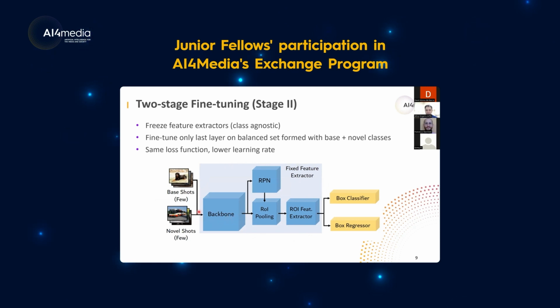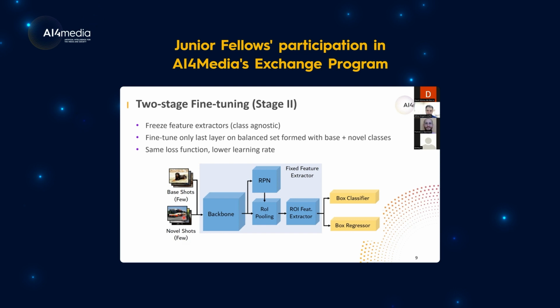And then the input is switched from the base dataset to the novel classes. In these novel classes, we have a balanced dataset between images from the base dataset, which are only a few, and also from the novel dataset, which are also only a few. This few is, as I mentioned, 1, 2, 3, 5, 10, or 30 images.